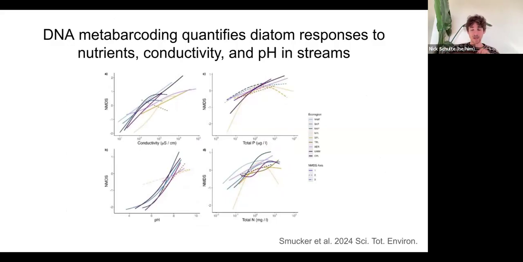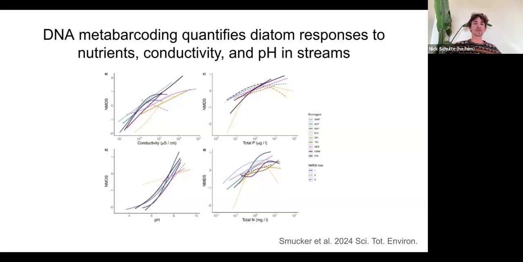I saw Eric Pilgrim's on the line, so he had a role in this work with Nate Smucker and colleagues at the EPA. They've taken biofilm collections as part of their national aquatic resource surveys over the past couple of years of sampling, and then processed those data for metabarcoding.